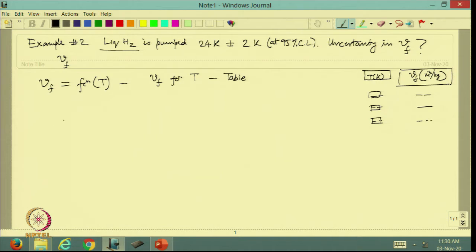So, what we will have to first do is see what we have been given. We are given that the mean temperature about which we want the result is 24 Kelvin. That 2 Kelvin is the uncertainty, which means capital U in T bar at 95% confidence level. This is 2 Kelvin, which implies that the standard uncertainty in T bar is half of this value, which is 1 Kelvin. Remember, at 95% confidence level, this is a factor of 2.